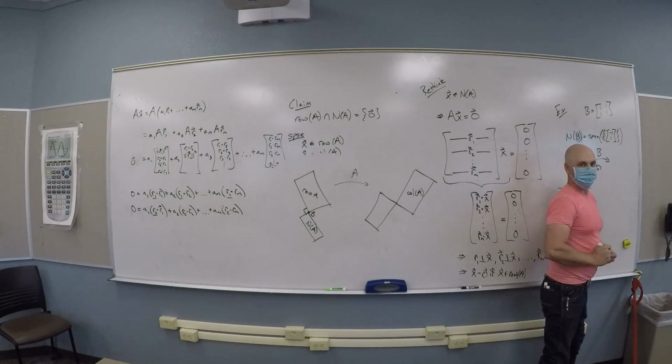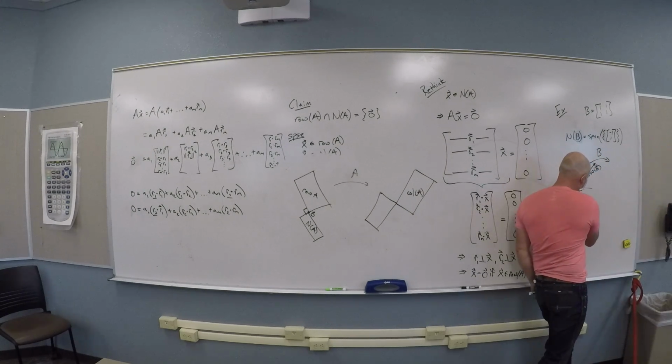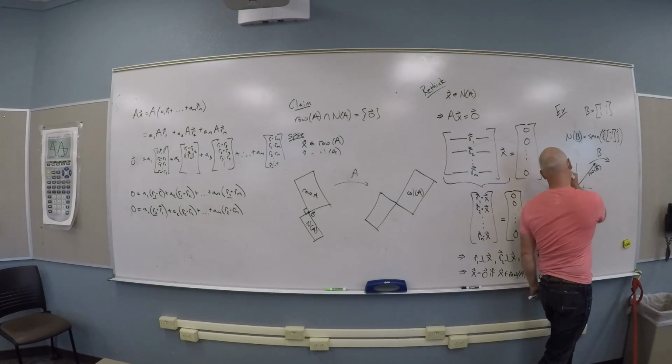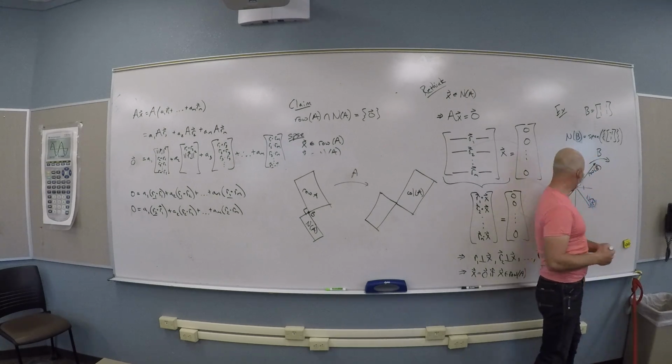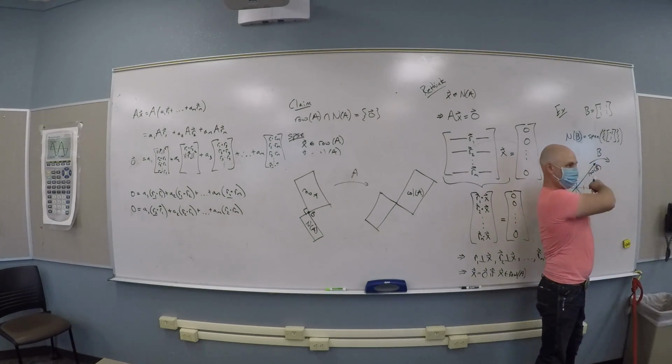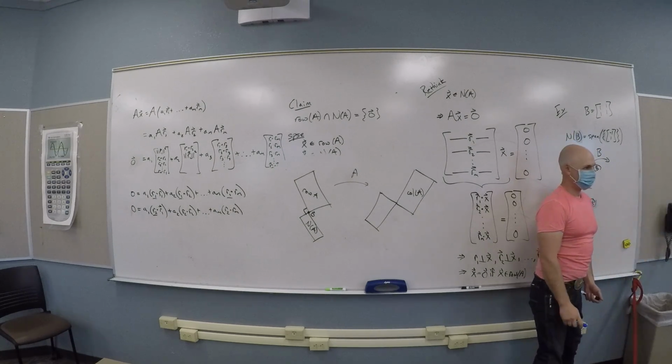Negative. Oh yeah, it is perpendicular. It's the perpendicular of that. That's kind of crazy. And they intersect at a right angle. And they go through 0.